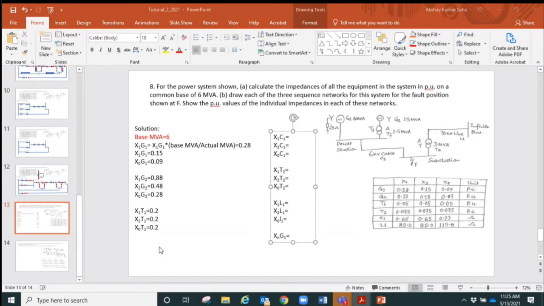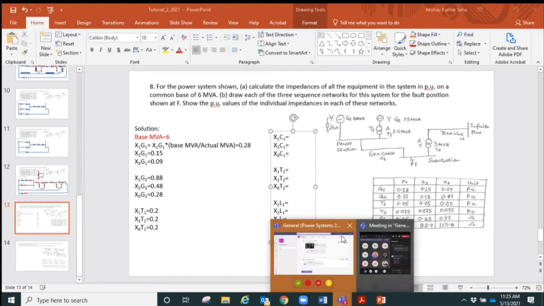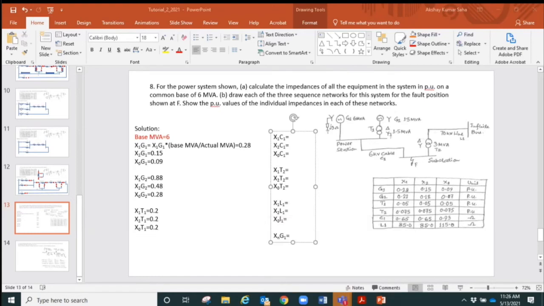If they are in ohm, then we need to write the formula: X in ohm times base MVA over kV squared.